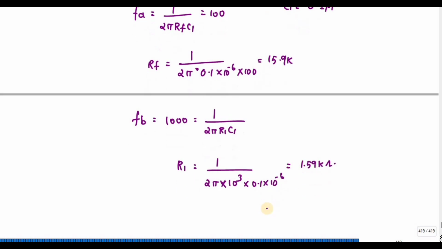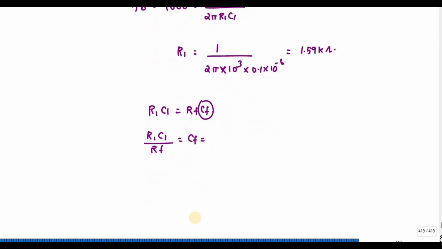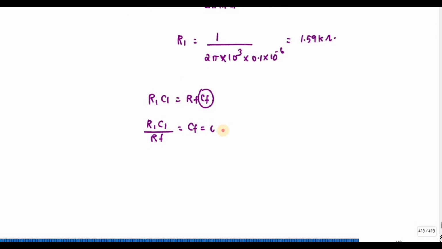Okay. Since we know that R1 C1 is equal to RF CF, in order to find the value of CF, R1 C1 divided by RF, I will get the value of CF, that is equal to 0.01 microfarad. Okay, so you substitute that value.